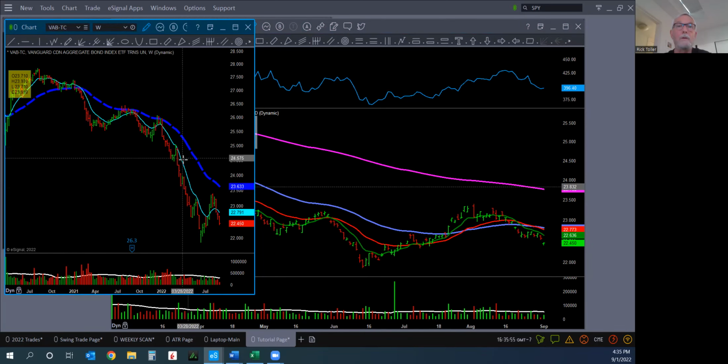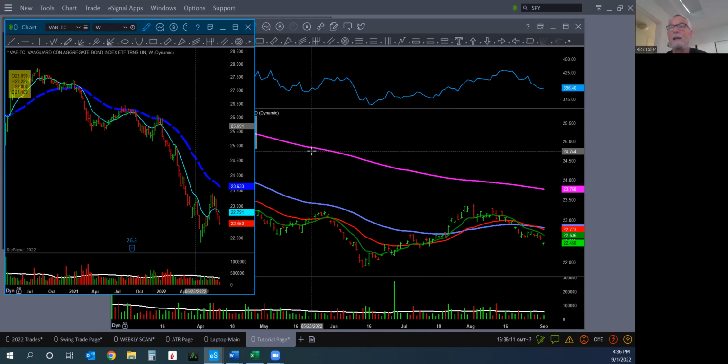Same thing, the blue one corresponds to the 40-week, and this line is the 10-week moving average. And this just allows me to step back a little bit and take a bigger picture, make sure that the weekly and the daily are sort of aligned, all systems go. Trades work much better when things are aligned. So that's my basic setup.